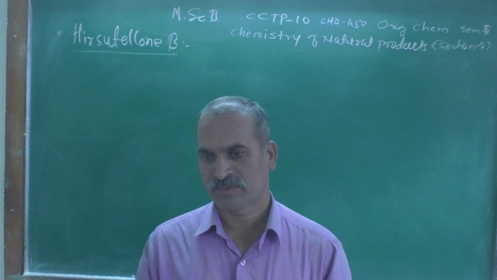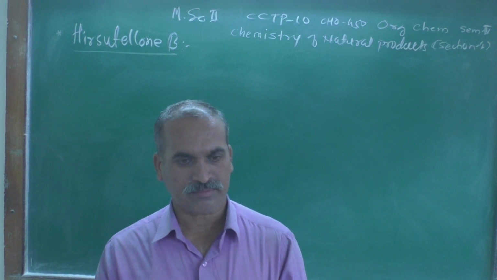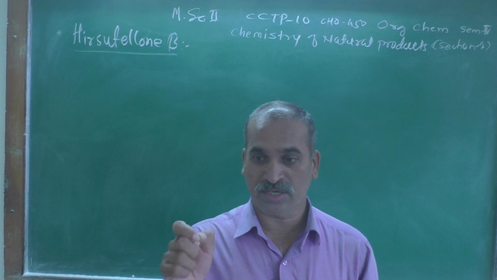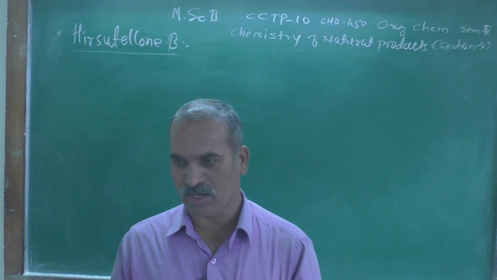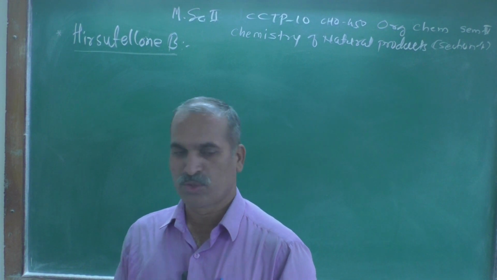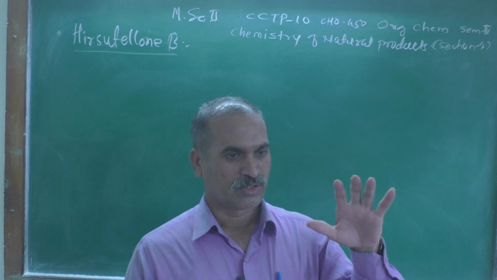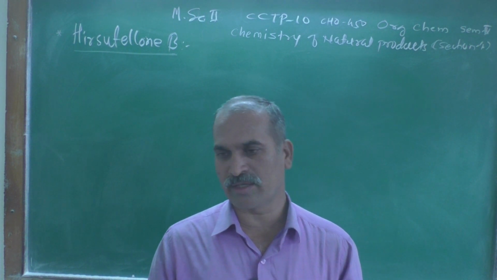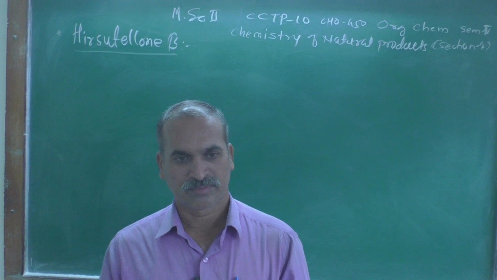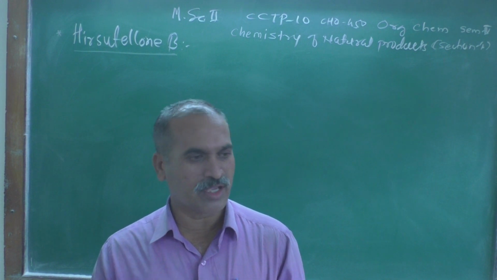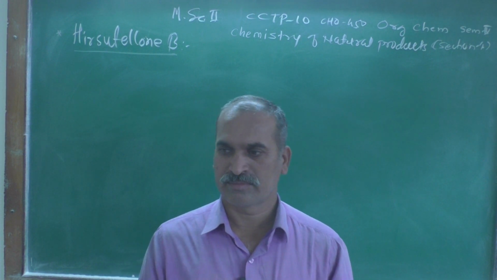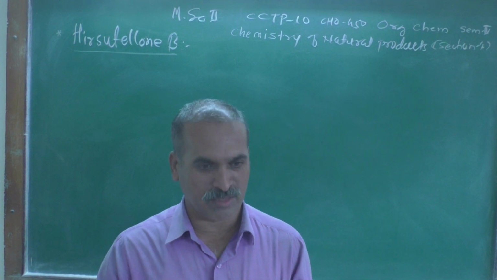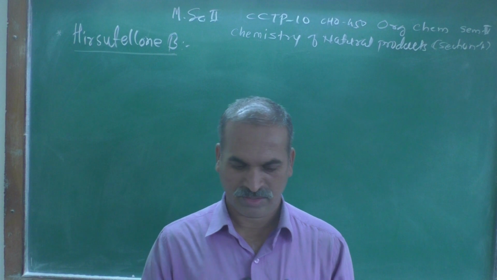From that we can determine the correct structure of the organic compound. And as we know, if you know the structure of an organic compound, it is very easy to predict its physical properties as well as chemical properties.